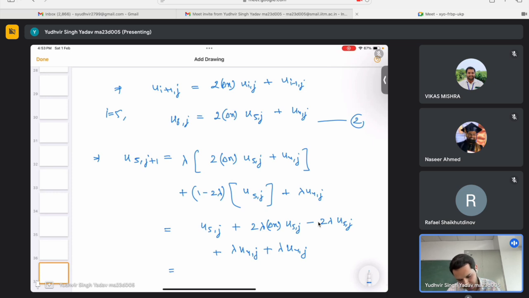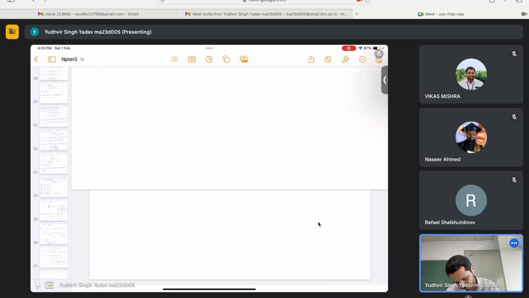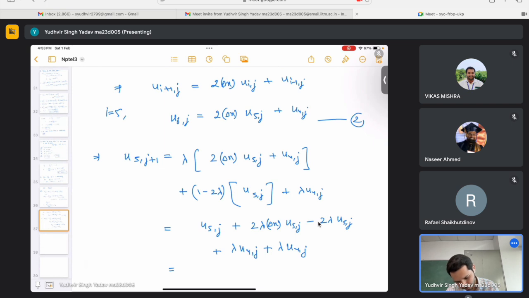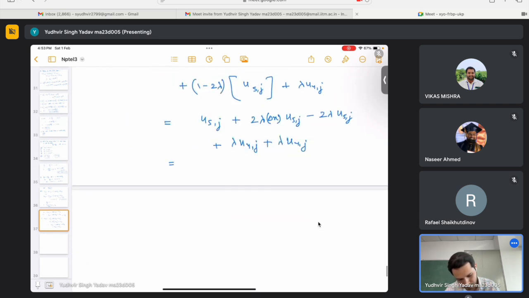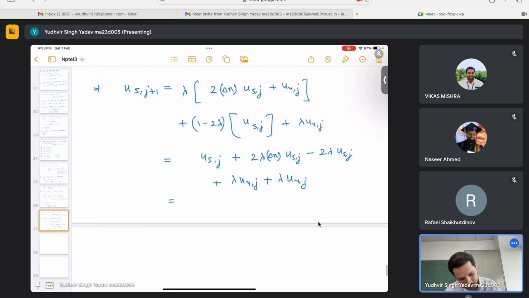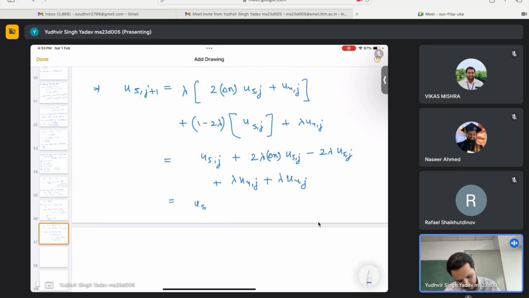So from this equation we have u5 comma j plus twice of lambda can be taken common, so it will be minus 1 plus delta x u5 comma j plus twice of lambda u4 comma j.